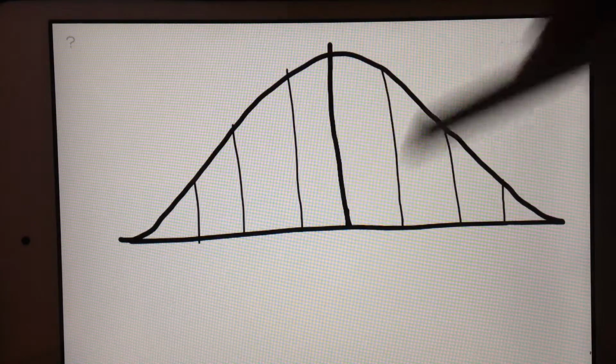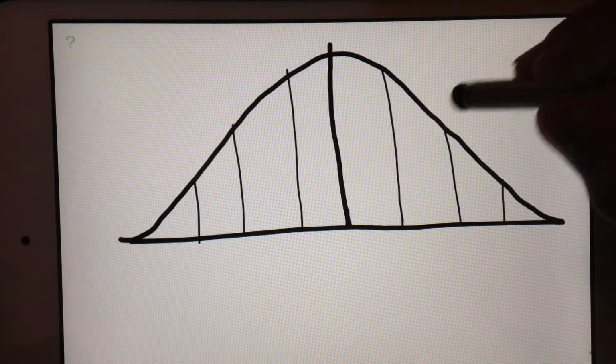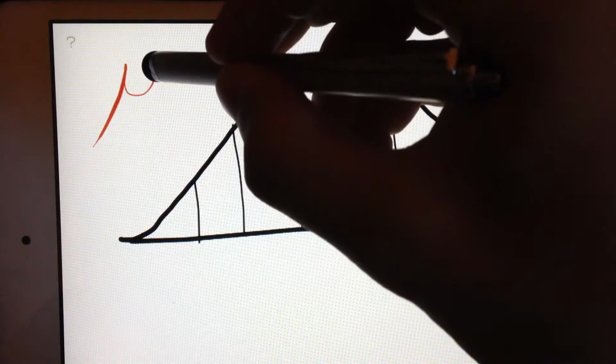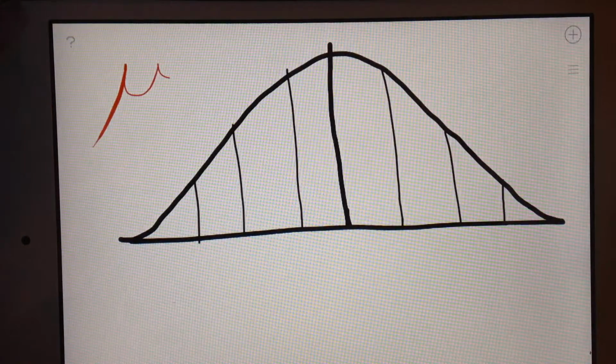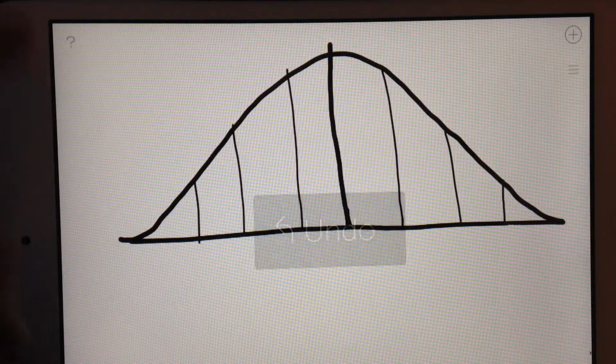And so this is the center, and the mean is also known as mu. Mu looks like this. It's a Greek letter meaning the mean, and the mean is the average, which is the sum of all divided by the number of terms.